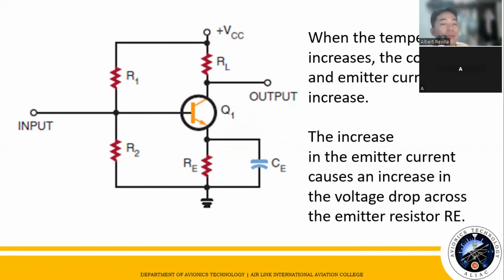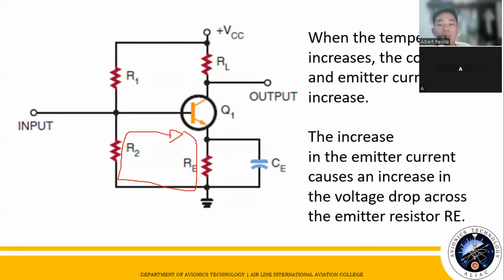Okay, syempre dapat daw more positive yung dumaloy dito kay R2. So dapat lesser voltage siya. So the forward bias across the emitter-base junction is reduced, causing the base current to decrease. So the reduction in the base current reduces the collector and emitter currents.